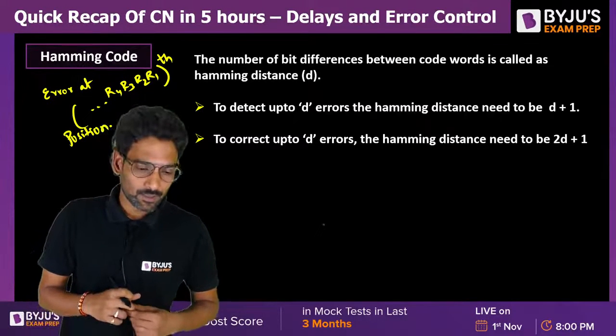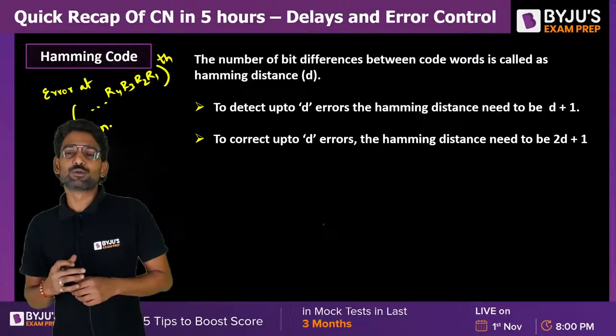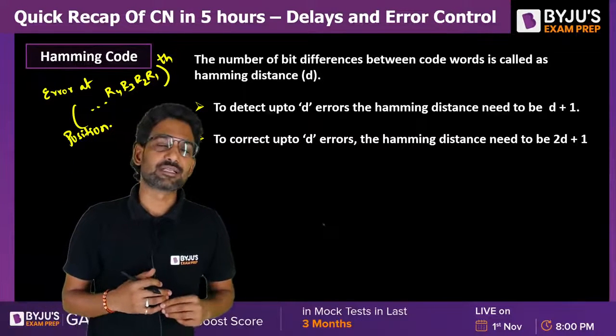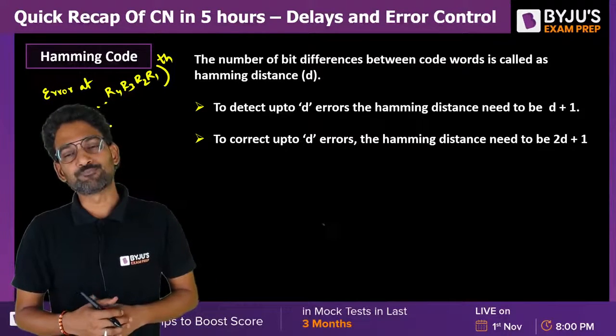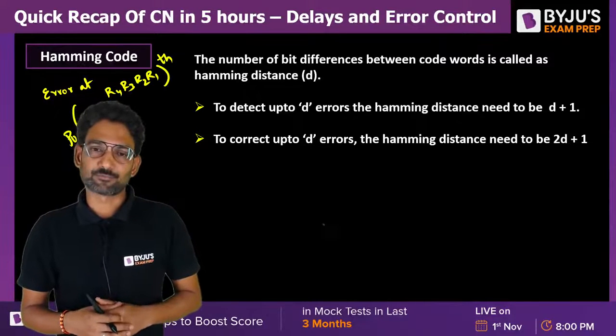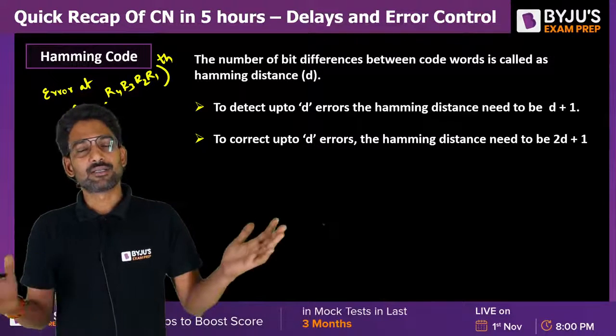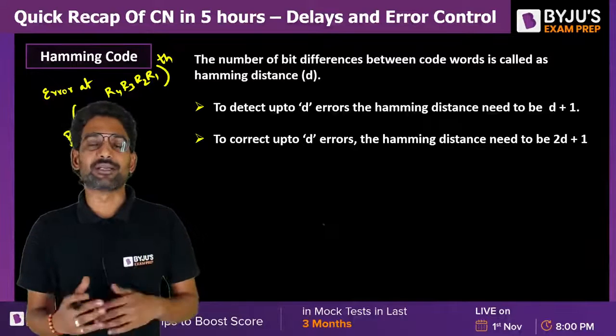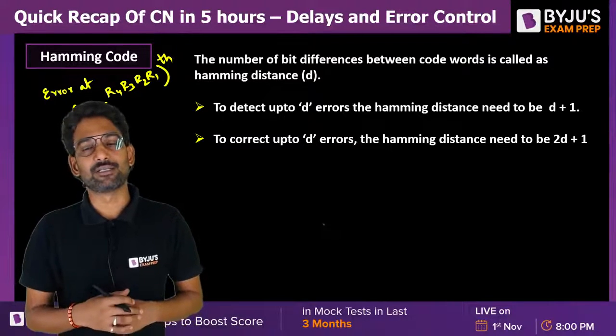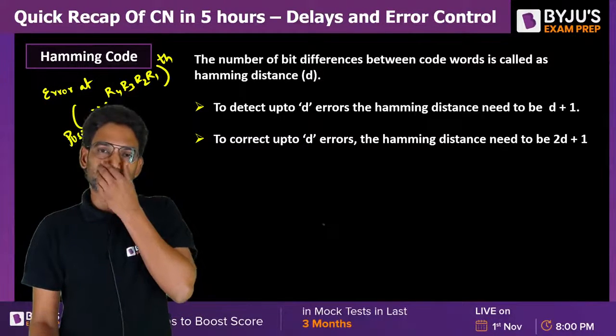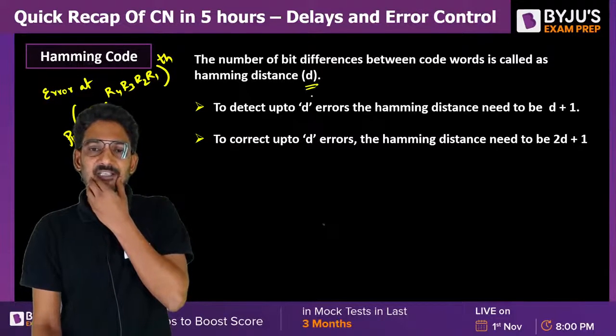Okay. Now about Hamming code, one more important point we have to recall is Hamming distance. What is Hamming distance? The number of differences, the number of bit errors you find in the code word, is the Hamming distance.